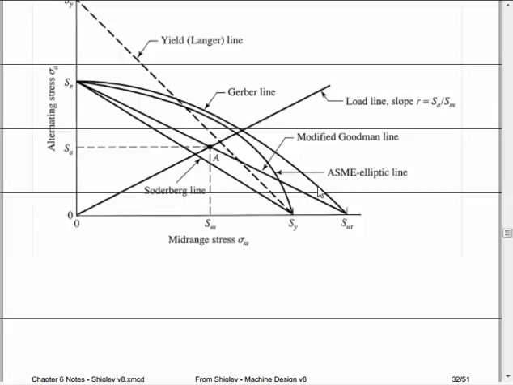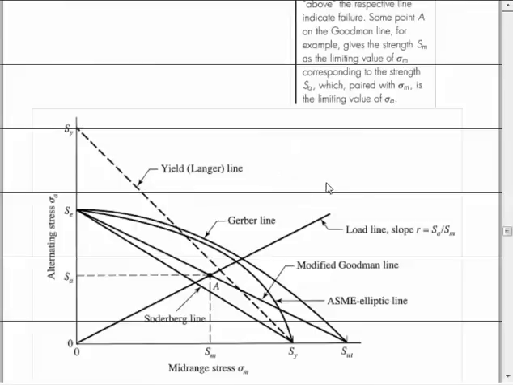So we have a couple of choices in which theories to use. In mechanical design, when we're applying this, we'll more often than not use the Gerber line because it's more accurate. Just like we'll choose quite often the von Mises theory for static failure because it's more accurate, we'll choose the Gerber for fatigue failure because it's more accurate.